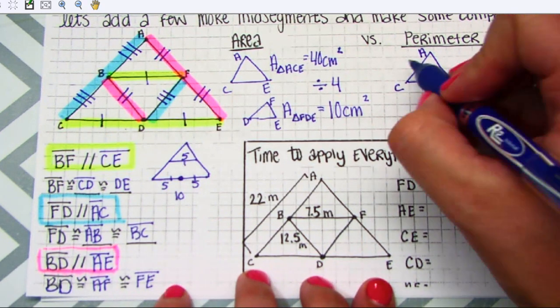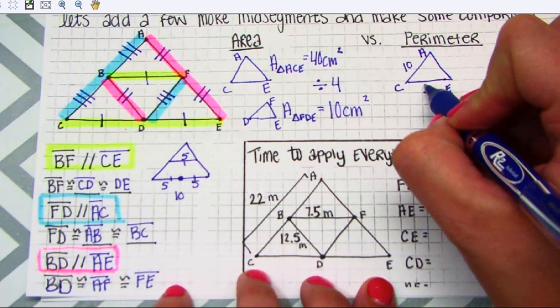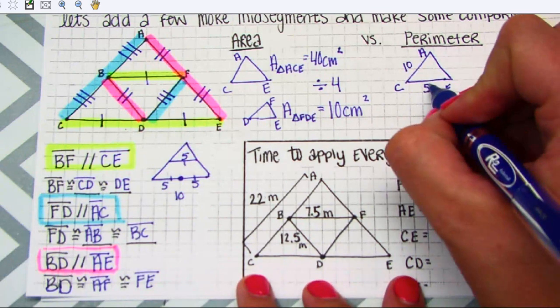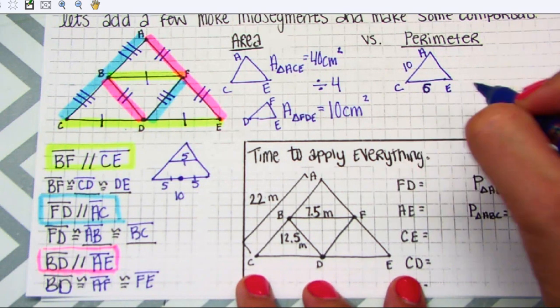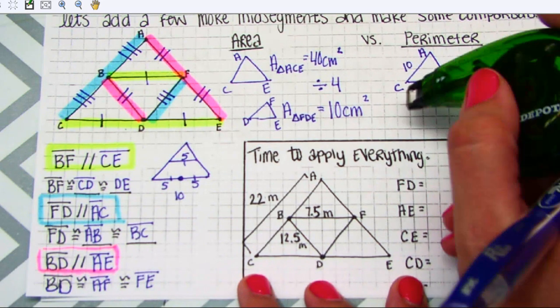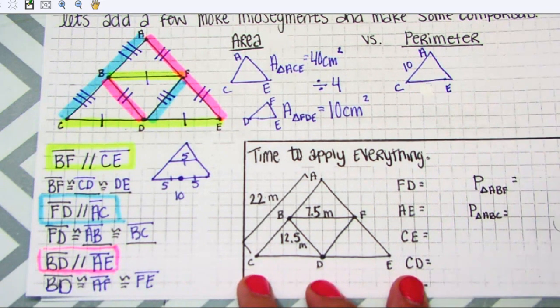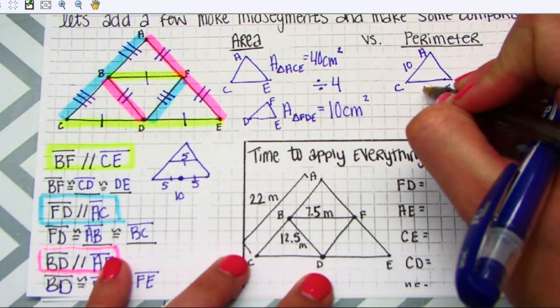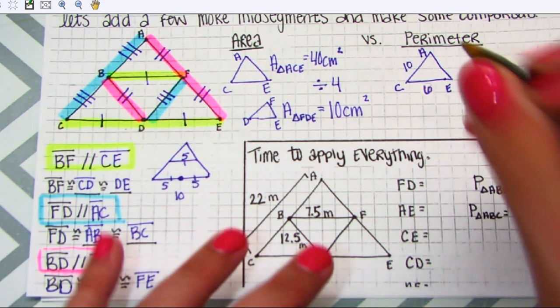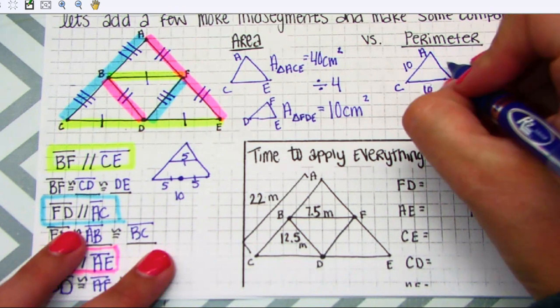Let's say that this side is 10, this side is 6. I'm going to make this side 24.